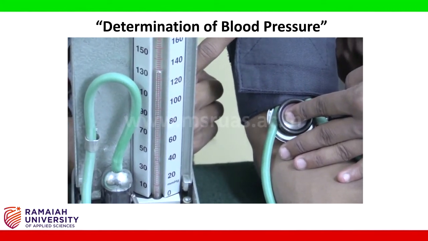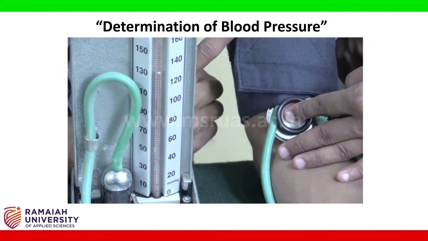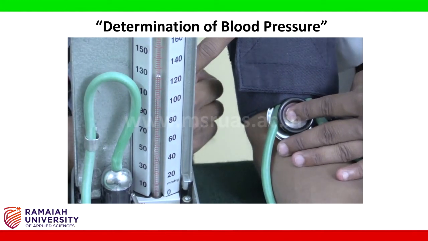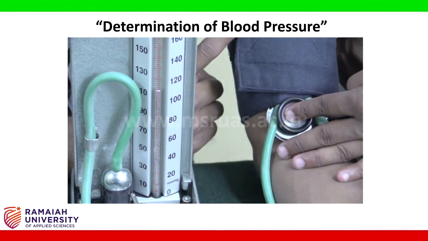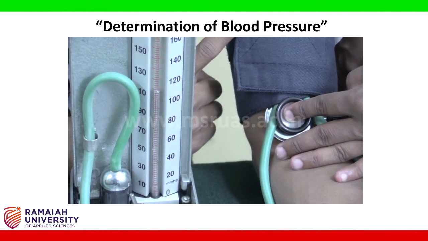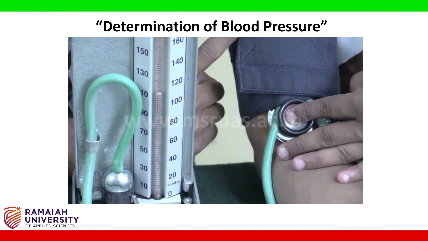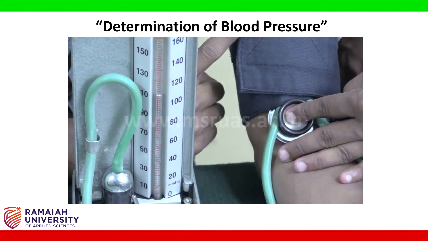Then lower the blood pressure gradually until a clear, sharp tapping sound is heard. Once the clear, sharp sound appears, note this blood pressure as systolic pressure. In this case, it is 118 mmHg. Then continue to lower the pressure and try to note a change in the character of the sound.